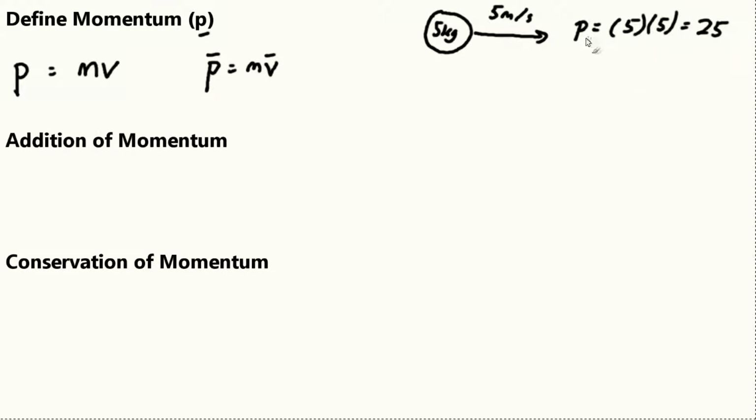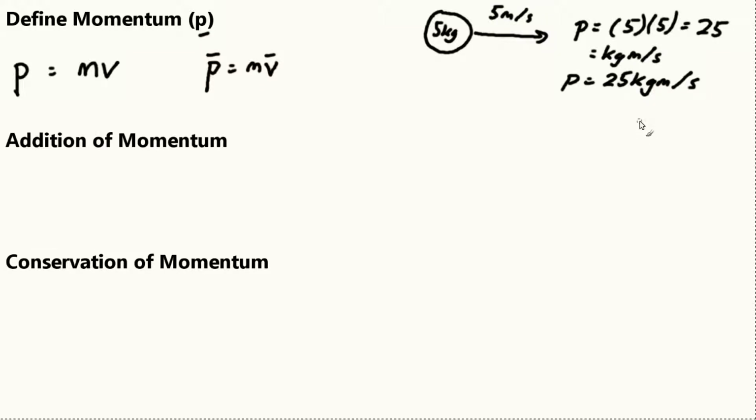Well, what are the units? As you can see, momentum is equal to a mass, which has the units kilograms, multiplied by speed, which has the units meters per second. Which means that our momentum is 25 kilogram meters per second.